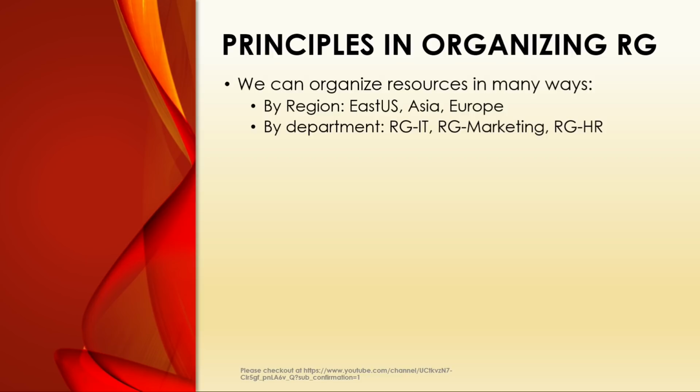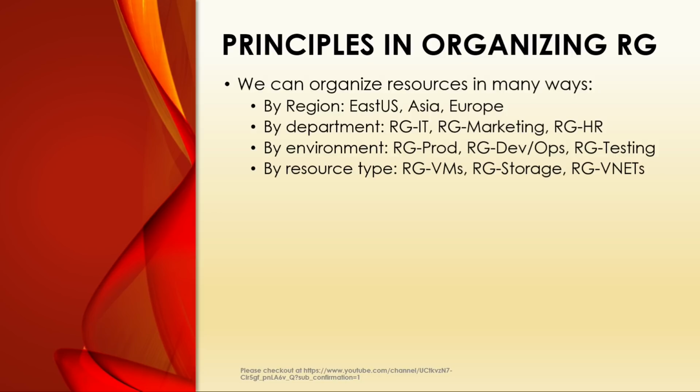So it will give you a logical boundary, meaning the resources in this particular resource group are part of your IT, marketing, or HR organization. By environment, it could be for production, prod, DevOps, or testing, right?